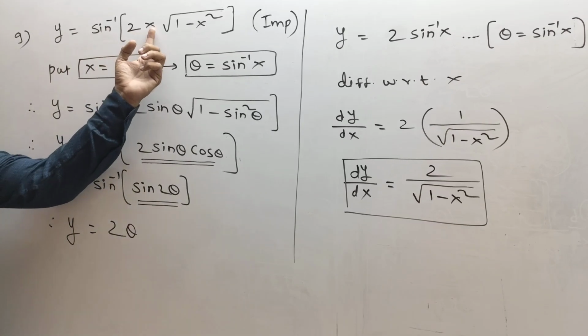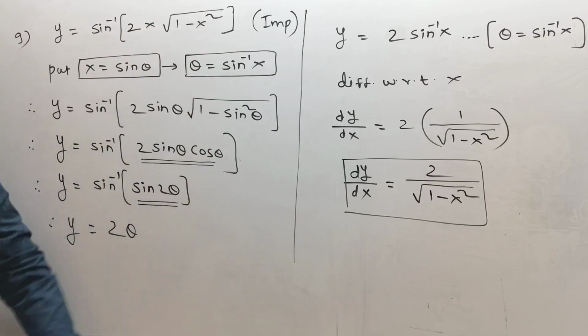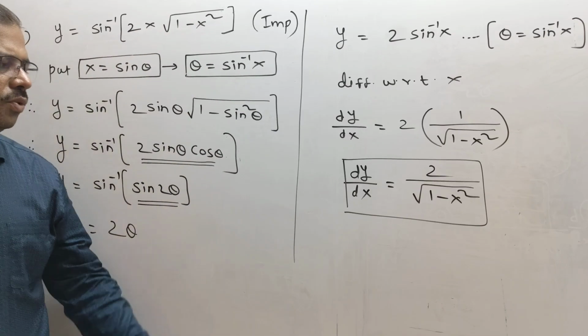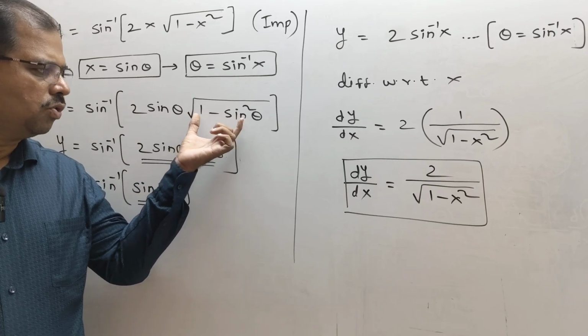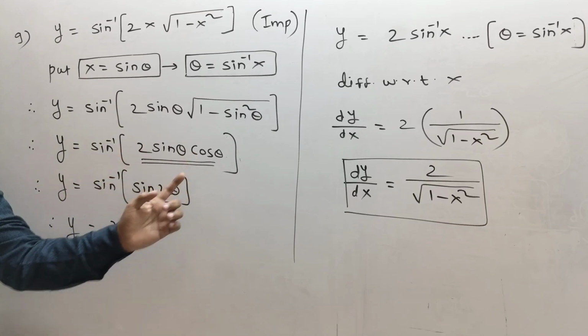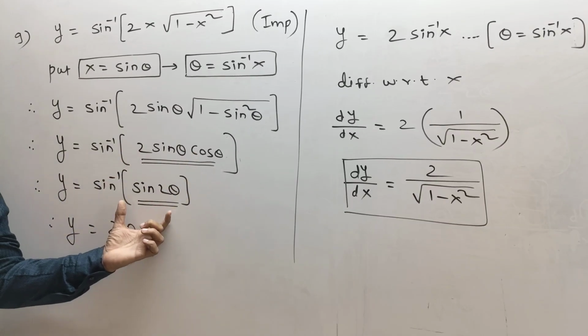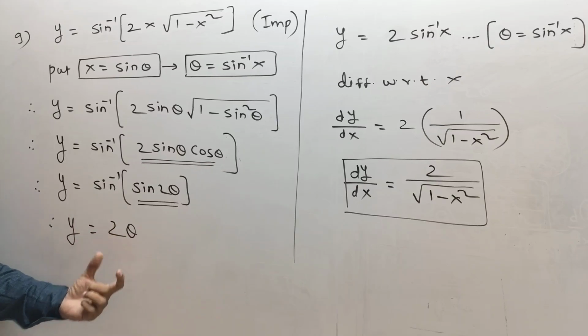Therefore, sine inverse of 2 sine theta, theta is equal to sine inverse x, 2 sine theta root of 1 minus sine square theta. We know that 1 minus sine square theta is cos square theta, root cos square theta is cos theta, 2 sine theta cos theta is sine 2 theta. Sine inverse sine gets cancelled, y is equal to 2 theta.